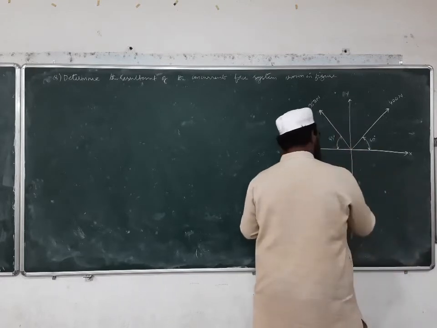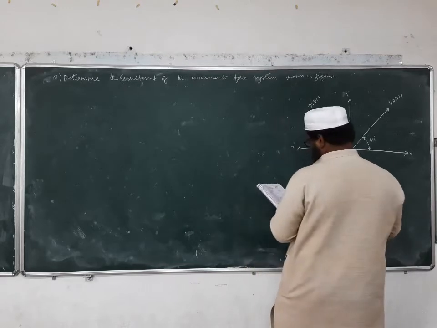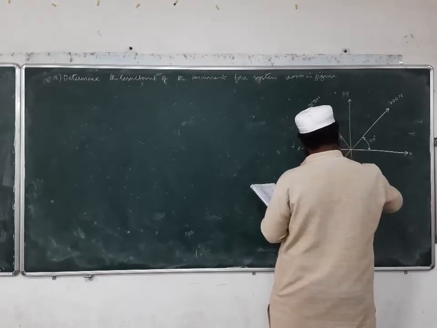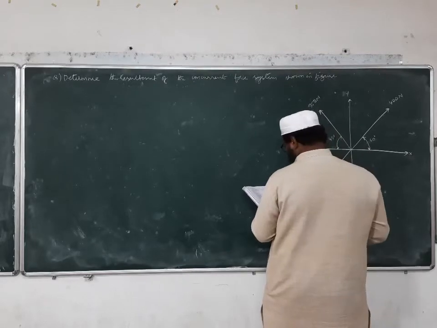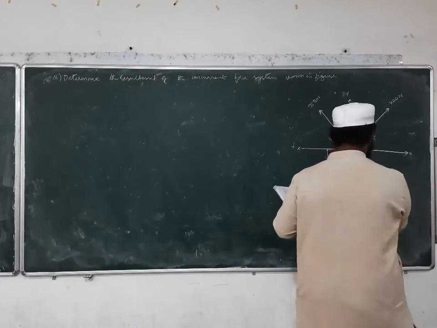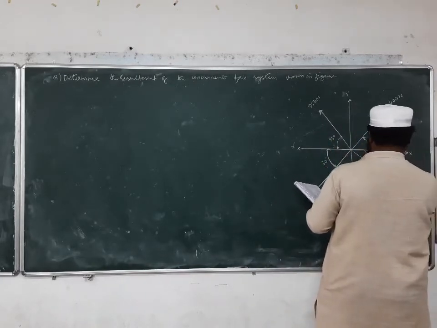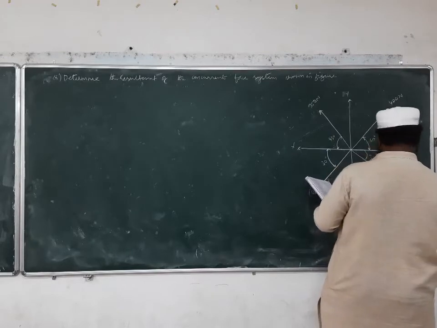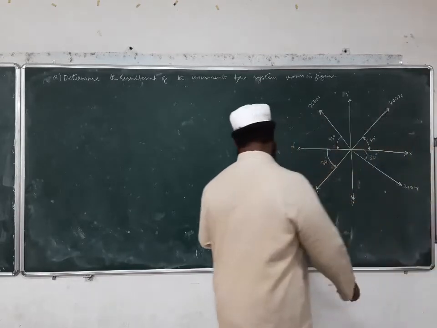There is one more force going in the third quadrant, at an angle of 30 degrees, and one more force of 200 Newtons at 30 degrees.